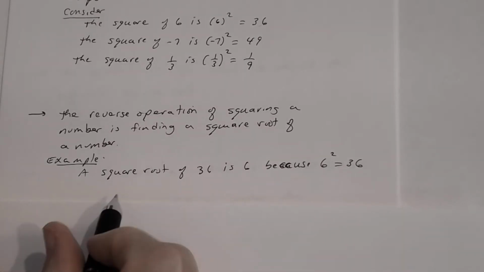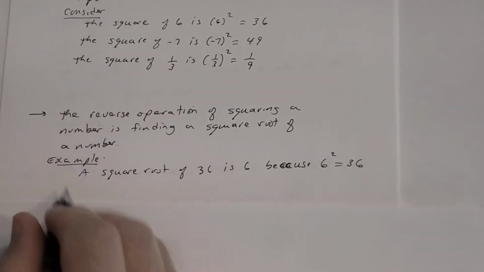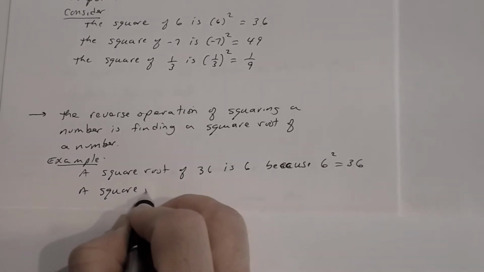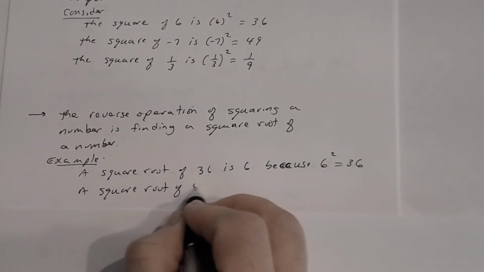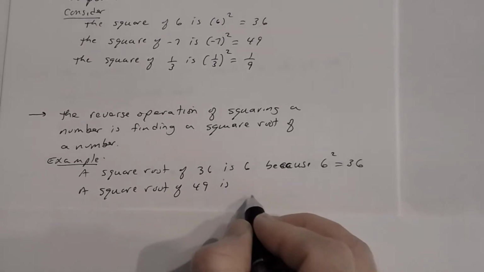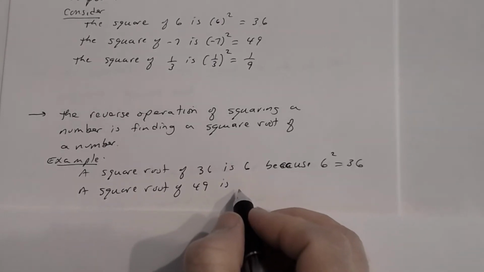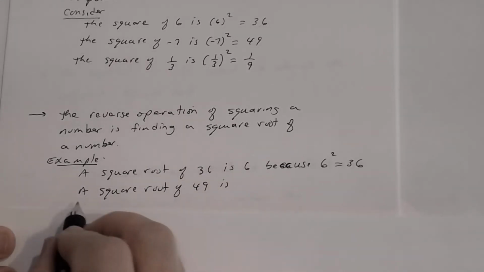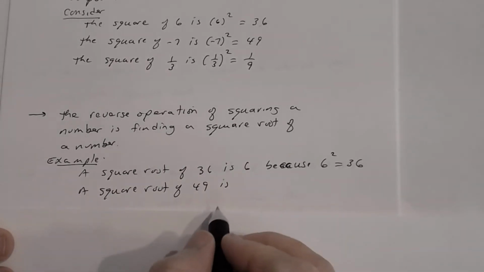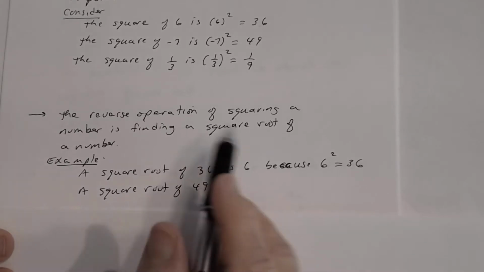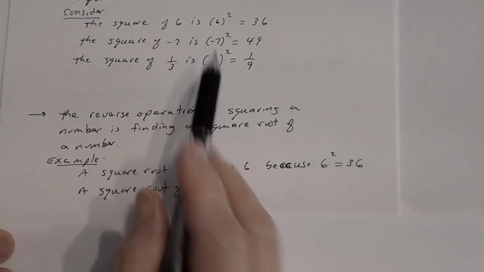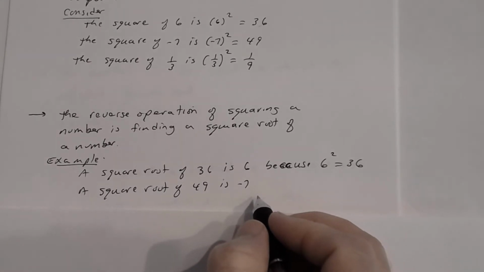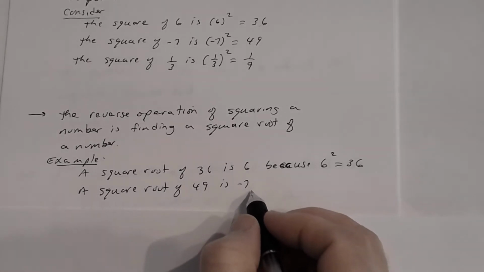Let's look at the second one right here. A square root of 49 is, now you may say, a square root of 49 is 7. That's definitely true. Notice I use the word A: a square root of 49 is 7, but also -7. It's not just 7, it's -7.